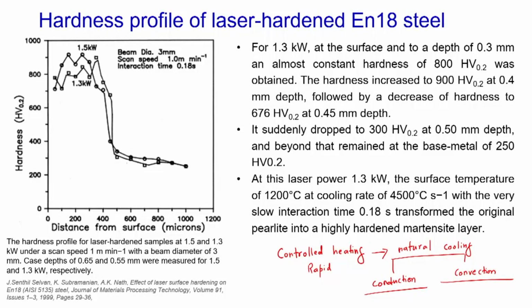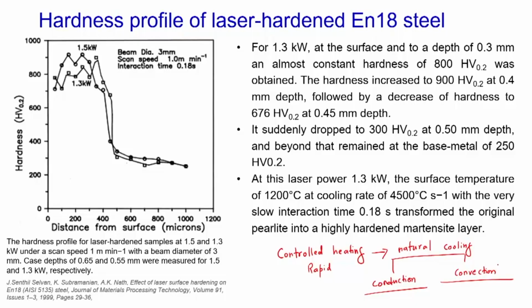Well, on your screen you can see the hardness which is recorded, or measured, for this disc which we have taken. After the laser surface treatment, it was tested for the hardness and the graph is plotted, which is there on your screen. Now, on the x axis we have taken the distance of the measurement from the top surface, in microns.